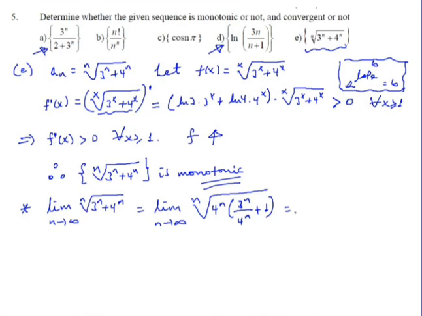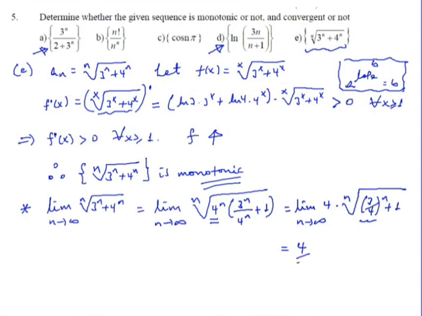This is the same as the limit of the nth root of 4 the power of n, which is 4, times the nth root of (3 over 4) the power of n plus 1 as n approaches infinity. Now here, (3 over 4) the power of n as n approaches infinity is 0.